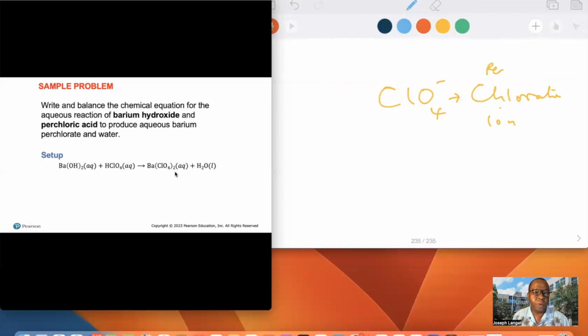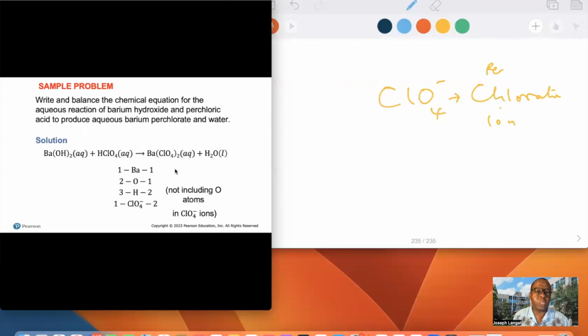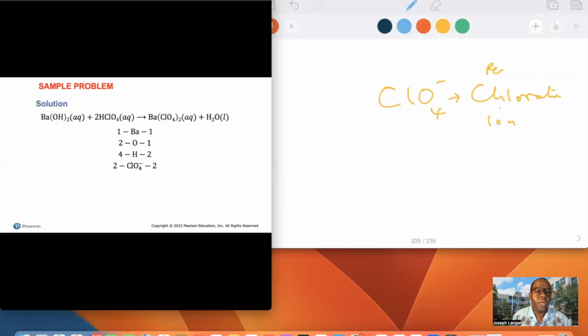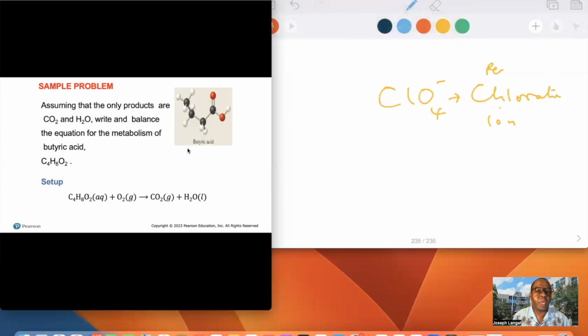If you look at this, we have only one perchlorate ion here and two there. This is what we talk about, treating the polyatomic ion as if it is a single unit. So it's just going back and forth until you end up with the correct coefficient in front of each reactant and product, so that the equation balances out.